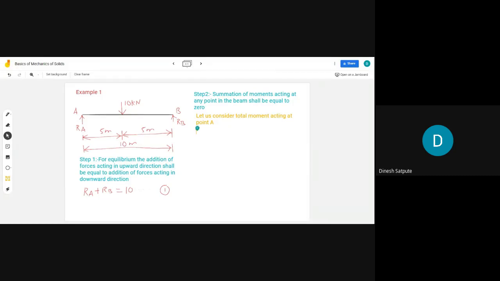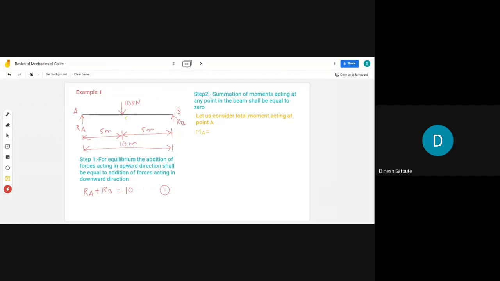So MA is equal to, now listen, there is one thumb rule which you can use. The moment due to a force going in downward direction will be negative, and the moment due to a force going in upward direction will be positive, no matter at which point you are finding the moment. I'll note this point as point C.